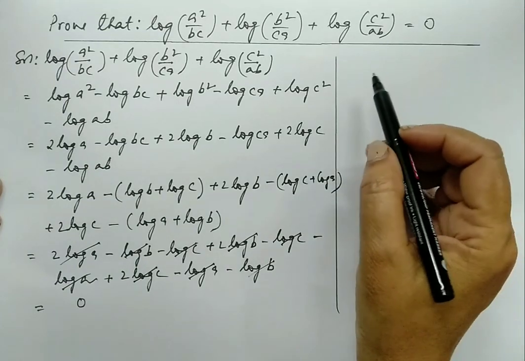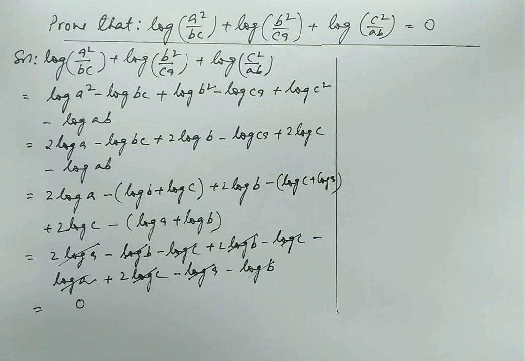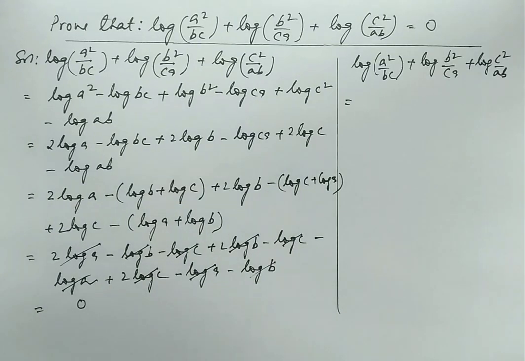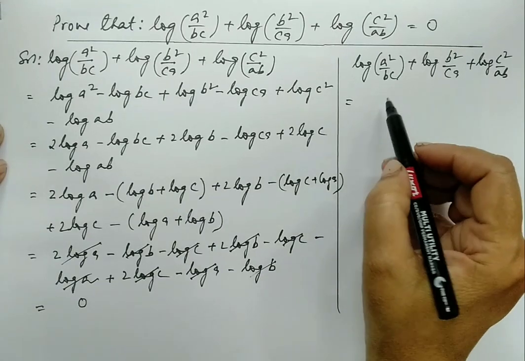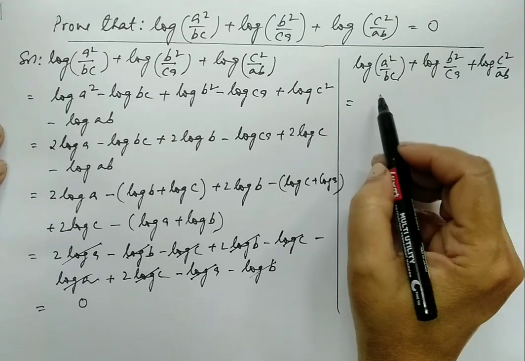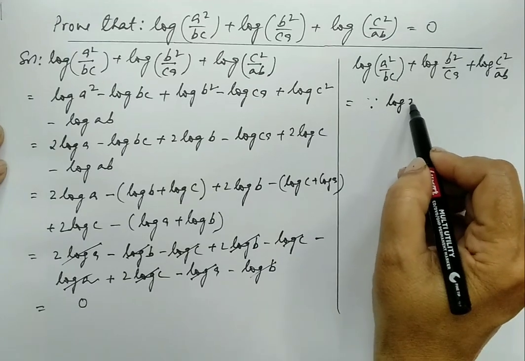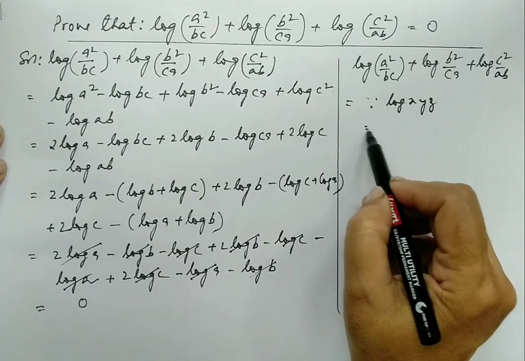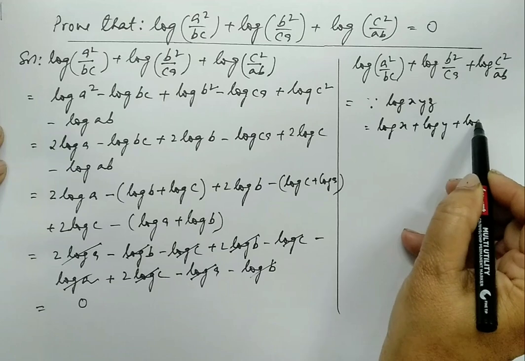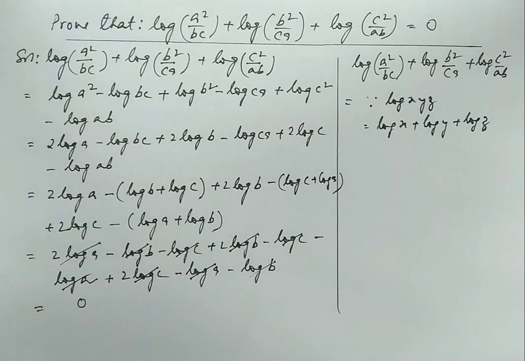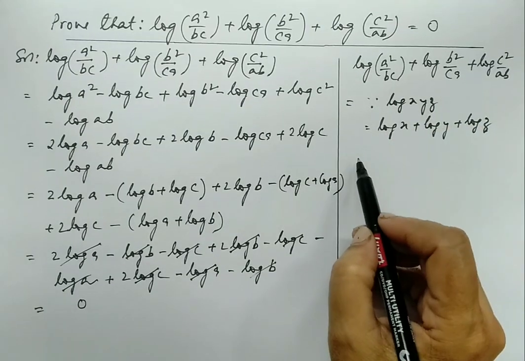Next I'm going to show you how to do the shorter way. Alright guys, let me bring down the question first. As you can see, I have brought down the question. So what do we know? Since log xyz can be written as log x plus log y plus log z, in this manner we can try to arrange this one.